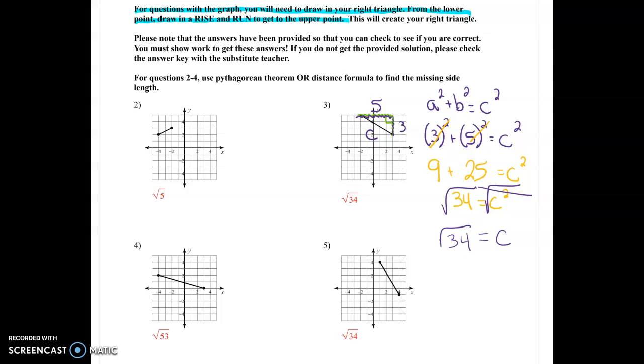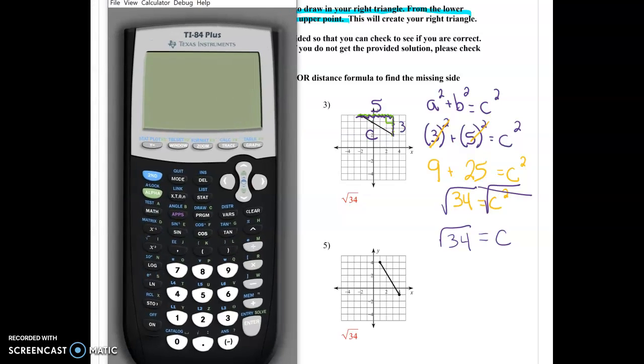Now this is a really good answer, but it probably doesn't make a lot of sense in your head. So one thing you can do then is get your calculator, and we can type in the square root of 34 and get that decimal. And remember, we're going to write 3 numbers behind the decimal. We're going to round. That's what your chemistry teachers like. So I hit the second button, then I hit that x squared button.